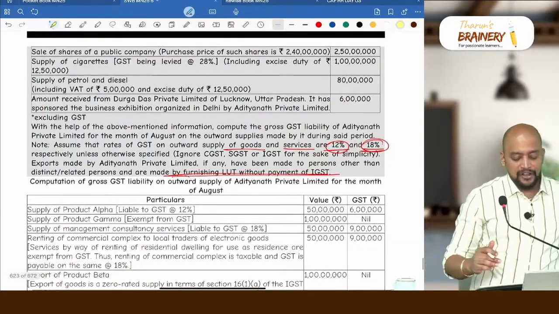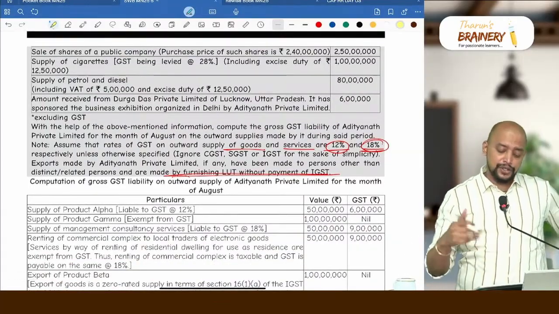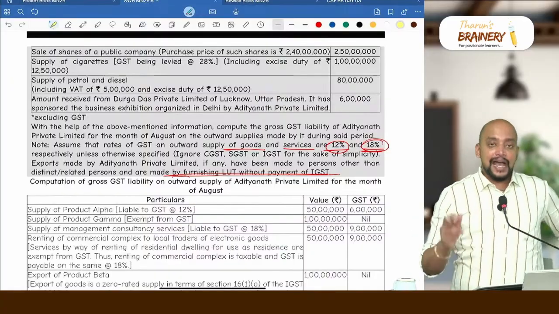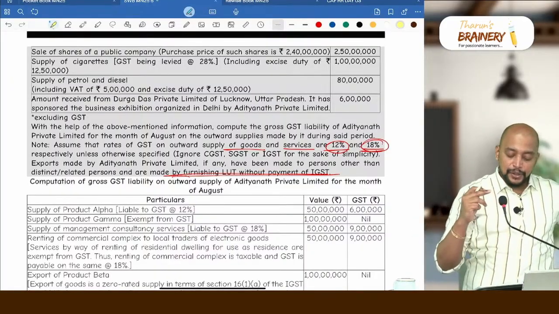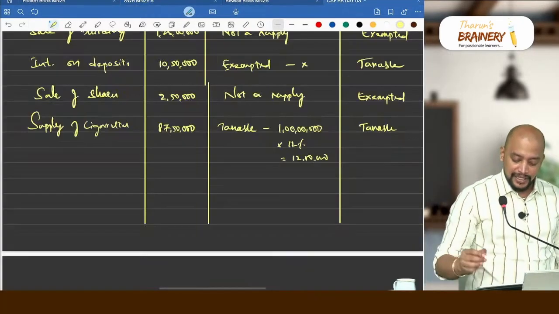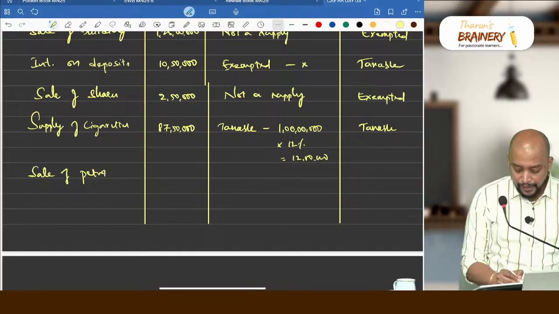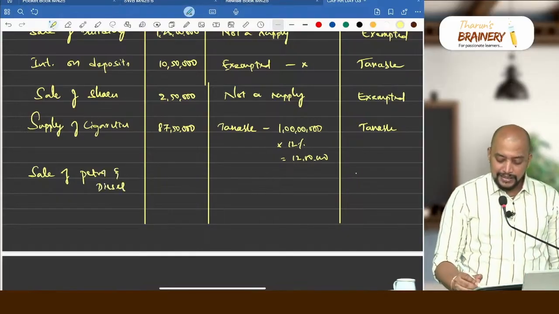What we have is supply of petrol and diesel. Petrol and diesel are non-taxable supplies, so we don't have to pay GST. But again here also, they have given including VAT and excise duty. So what should be taken as the value? Do that and tell me. Sale of petrol and diesel. Actually it is exempted.